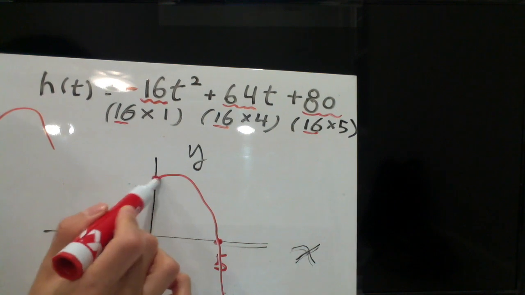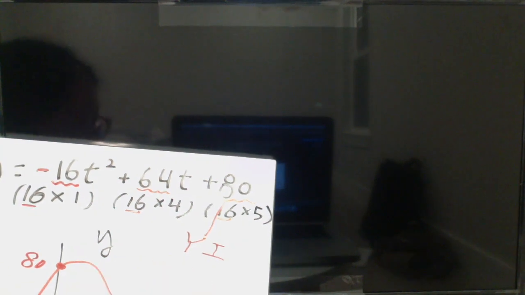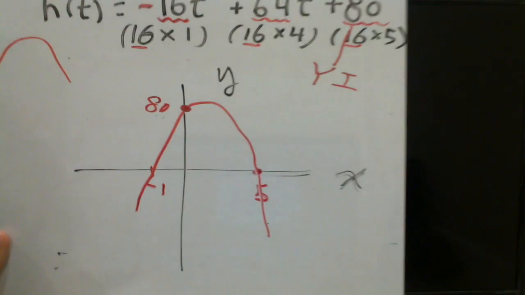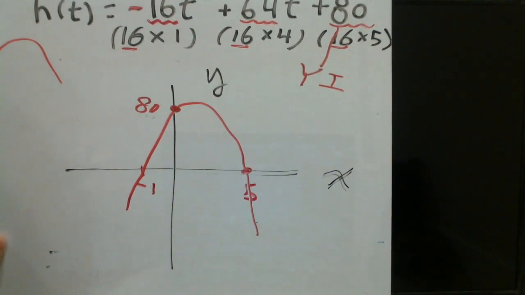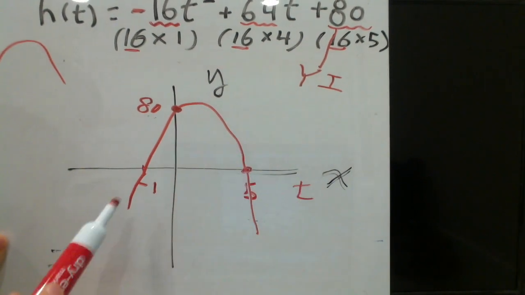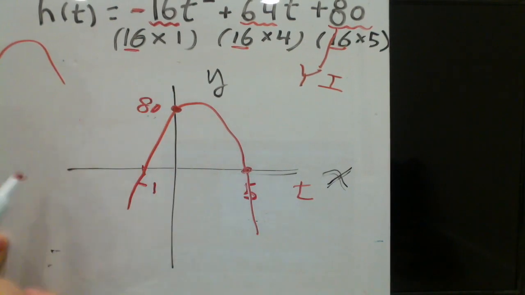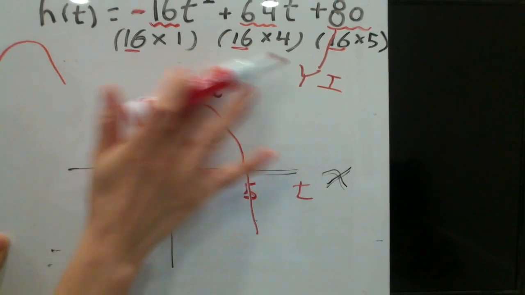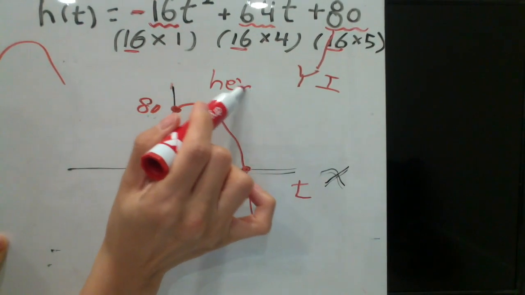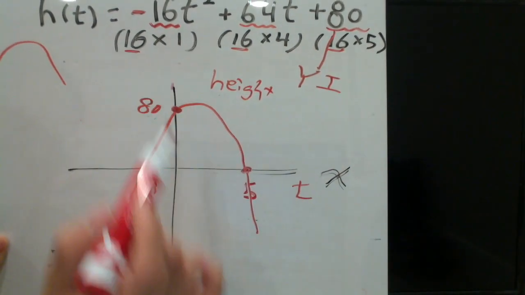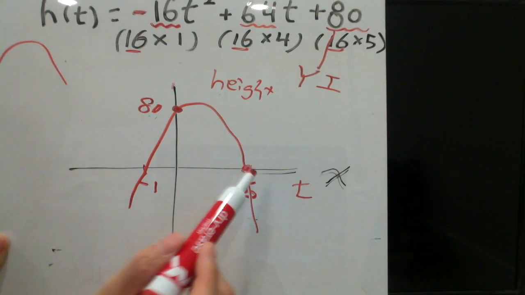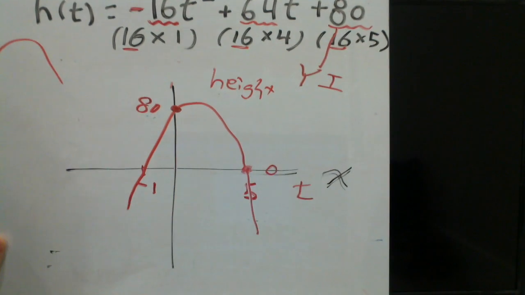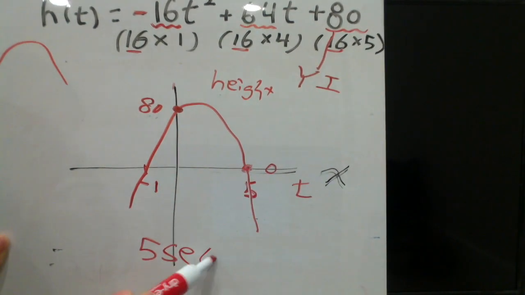So the person is standing right here at the A because this is y-intercept, and the ball is coming down right here. That's the moment that we need to find. So this is time in seconds, and this is height. So when 5 seconds, the ball will be 0 height. So the answer is 5 seconds.